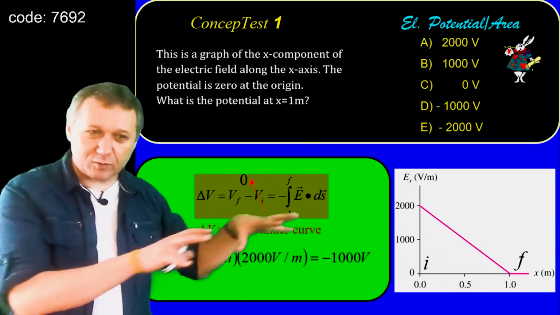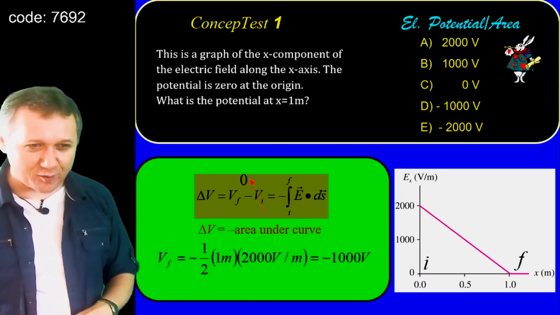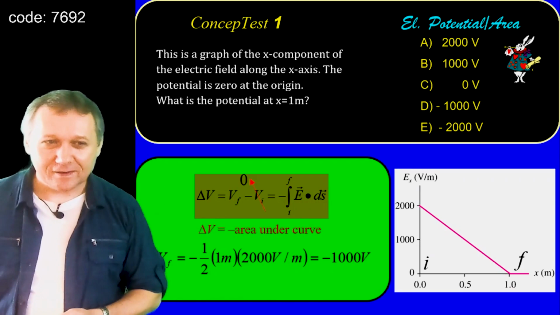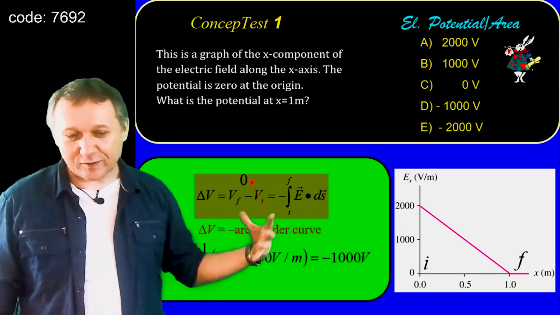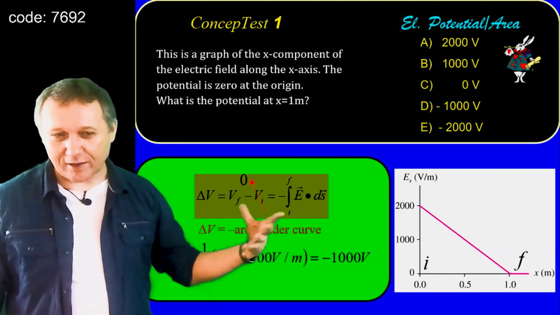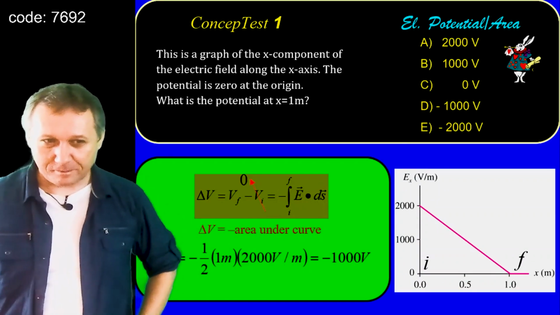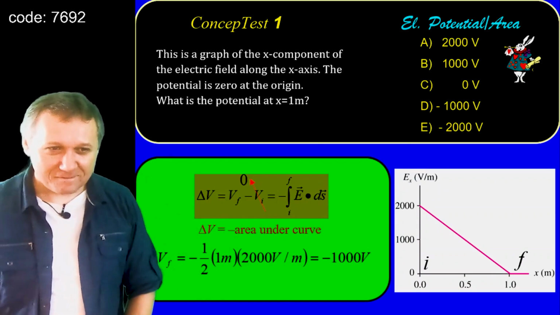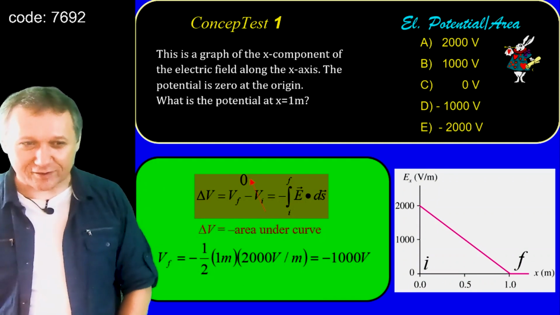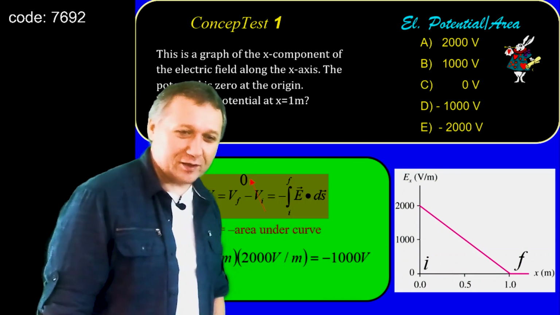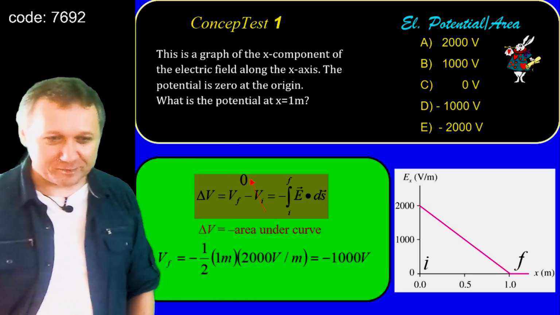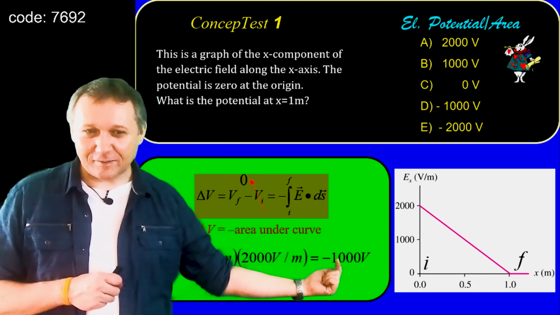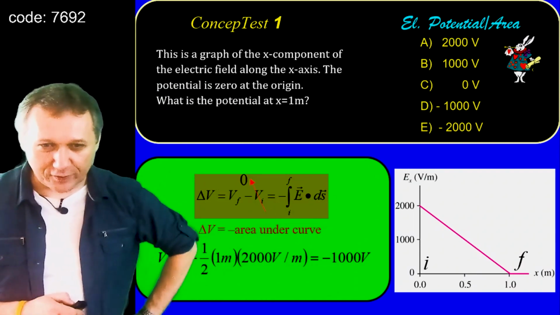Just sit quietly somewhere with a cup of coffee, write down the integral and integrate it. But in this case, the way we calculate it, we just calculate the area and, of course, put a minus in front. Or we can discuss how to calculate this using integrals in office hours. Okay, so minus. Don't forget about that minus.